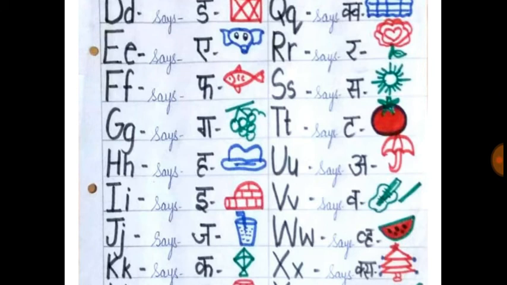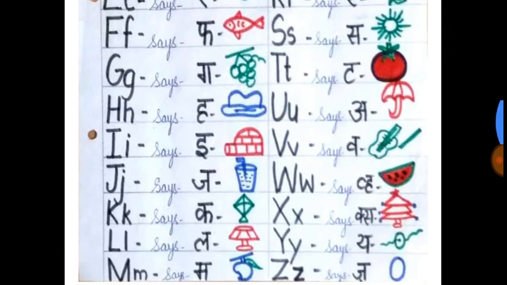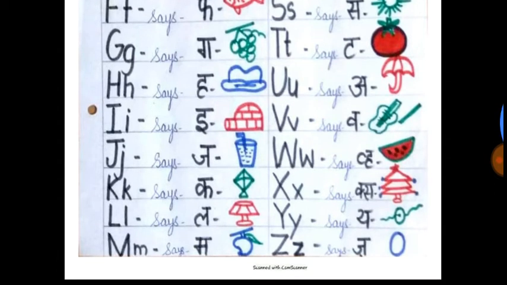R says r, rose. S says s, sun. T says t, tomato. U says u, umbrella. V says v, violin.